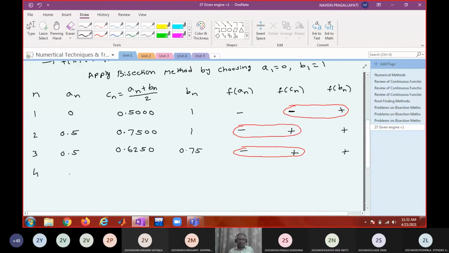So again, that means a3, c3. a3 is 0.5, c3 is 0.6250. Negative, positive. Midpoint: 0.5625. Find f of c4.